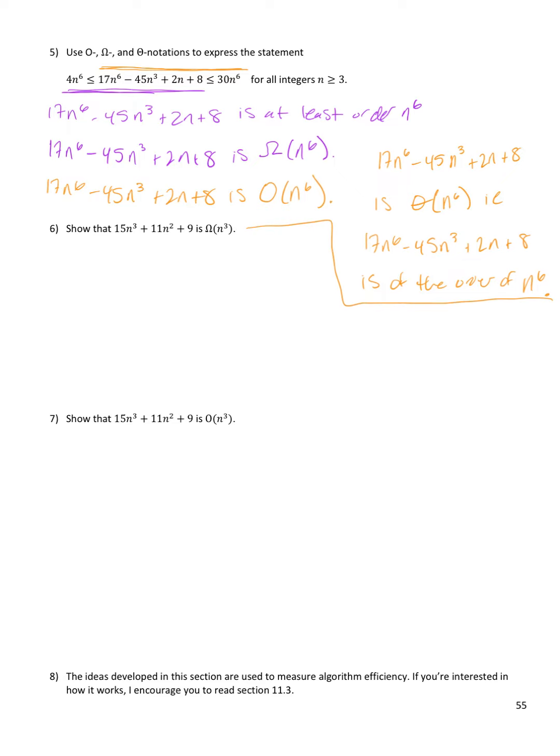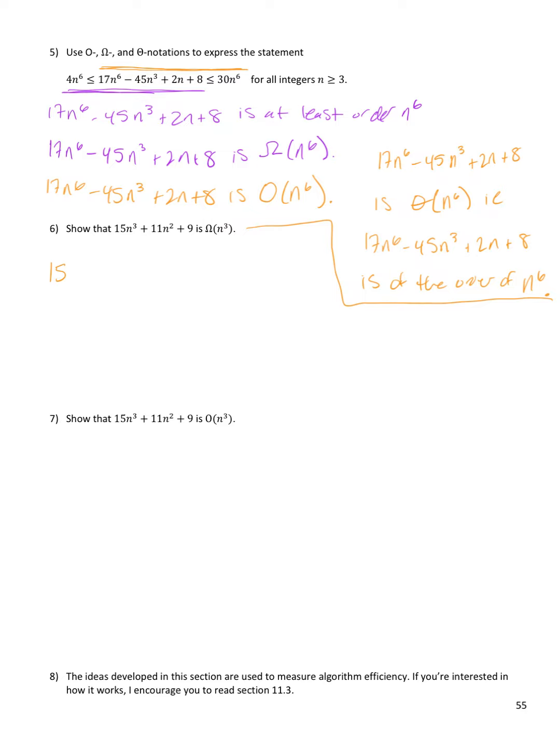Okay, number 6, I want to show that 15n cubed plus 11n squared plus 9 is big omega of n cubed. All right, so that means I need a multiple of n cubed that is smaller than this polynomial. And I think 15 will work, right?